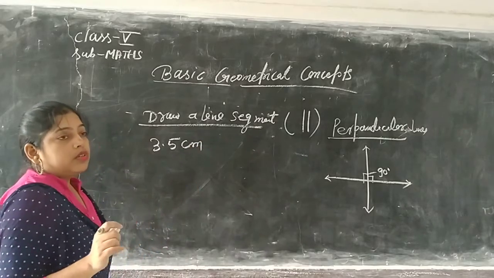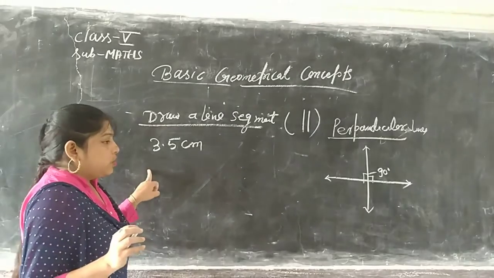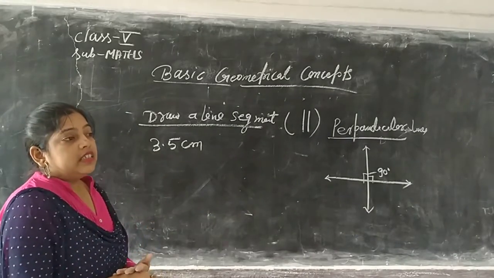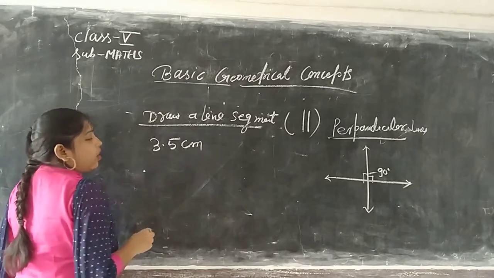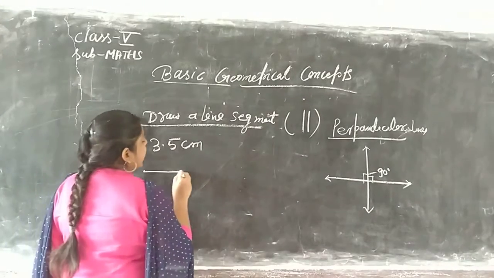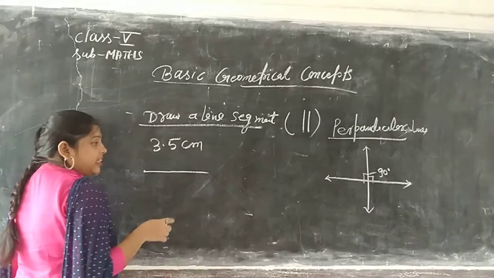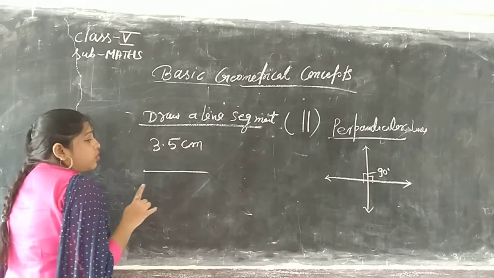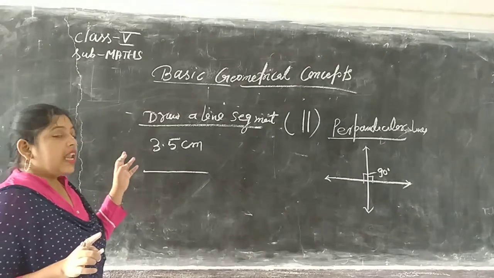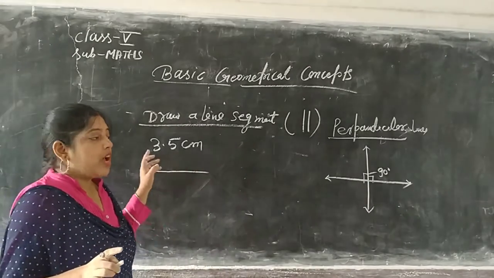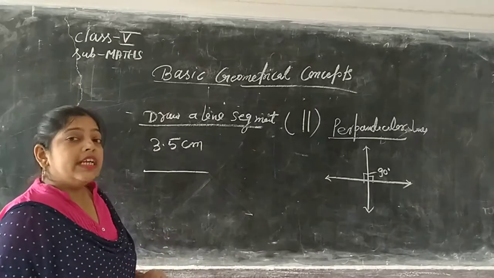First we use the ruler scale, and mark some points on the paper, a starting point and an ending point, which we can read on the scale. 3.5 lies between 3 and 4.